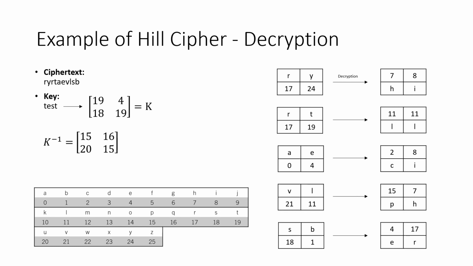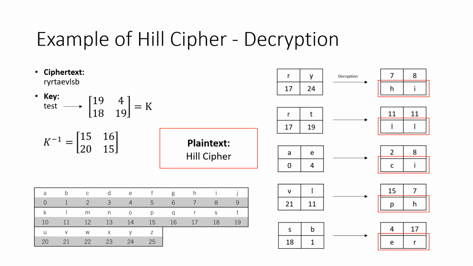Again, we can focus on the letters that we get in each block. We concatenate all of these values and we get our plaintext. And it shouldn't be surprising that the plaintext is the words Hill Cipher again.